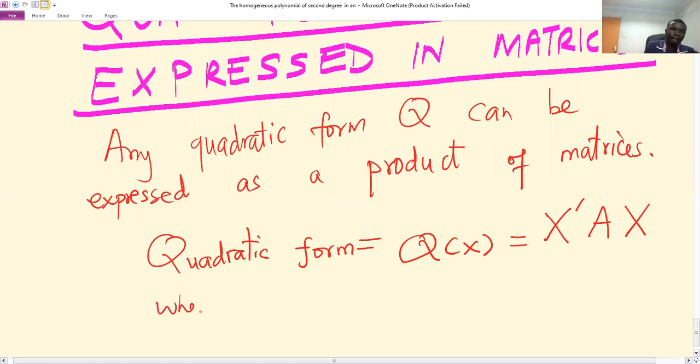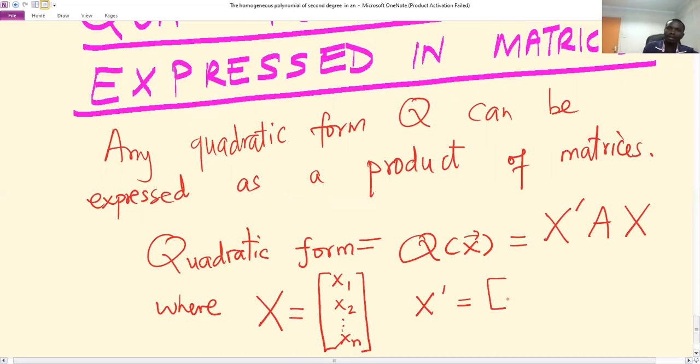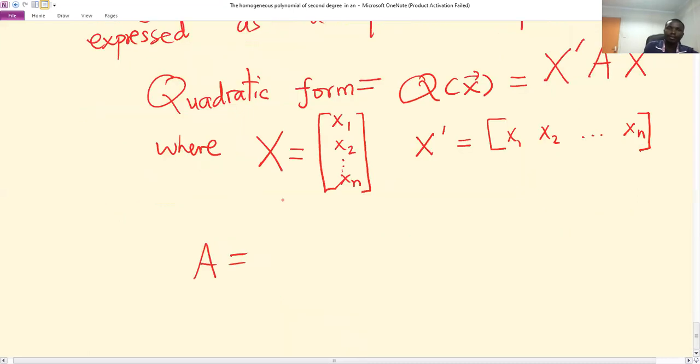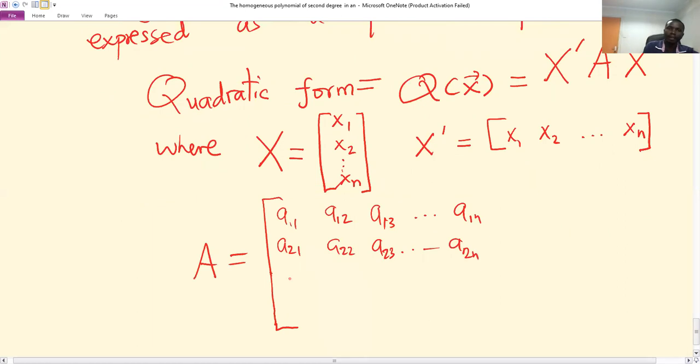Where X is given by X1, X2 up to Xn, and X prime is the transpose of this vector, X1, X2 up to Xn, and A is a square matrix of the form A11, A12, A13, up to A1n, A21, A22, A23, up to A2n, A31, A32, A33, up to A3n, all the way up to An1, An2, An3, up to Ann.